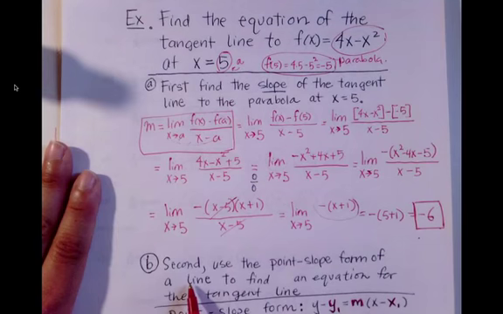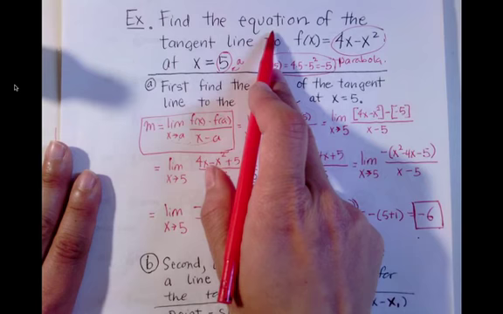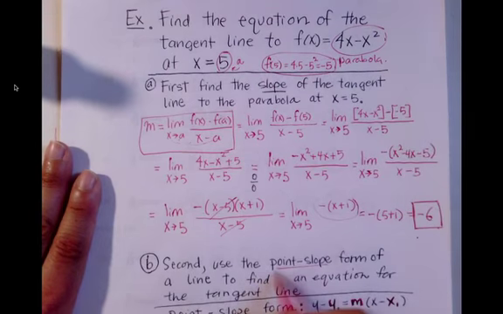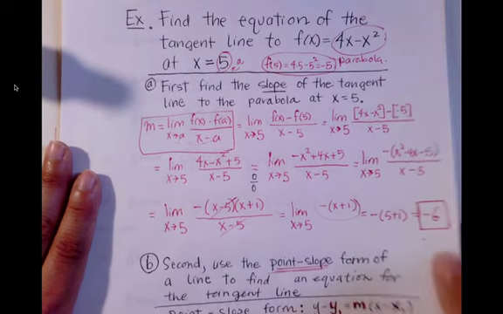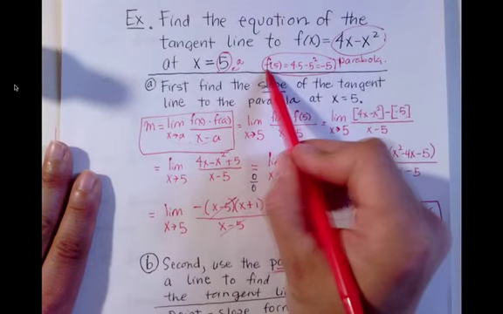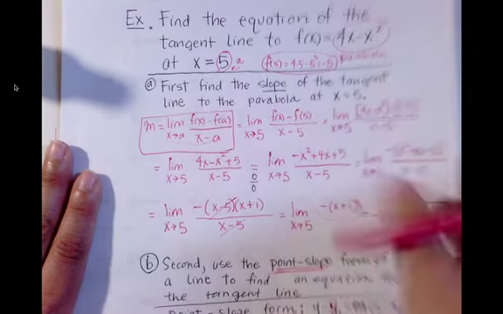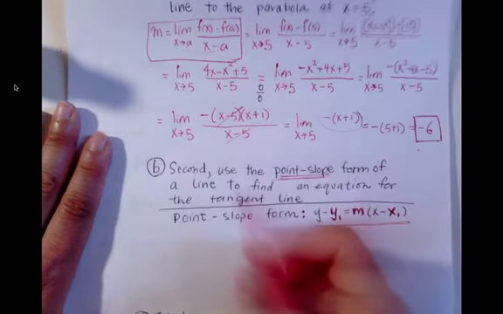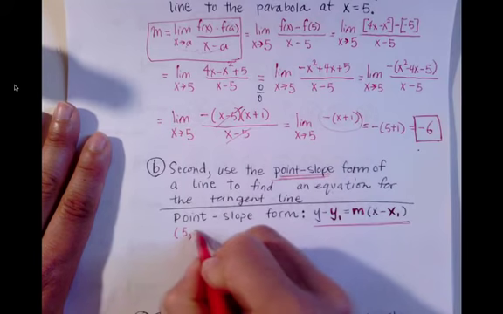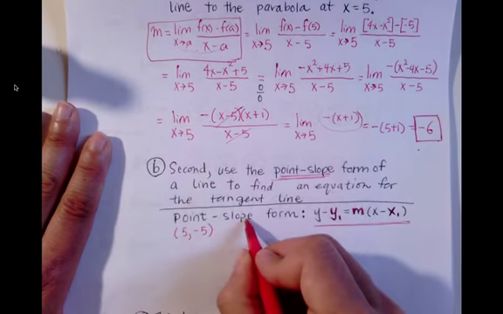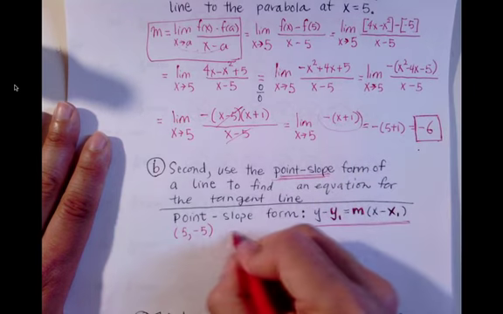Now, the second thing I'm going to do if I want to find the equation of the tangent line is use the point-slope form of a line to find an equation for the tangent line. A point I have on this line is, since f of 5 is equal to negative 5, the point 5, negative 5. And I know the slope from the previous question is negative 6.